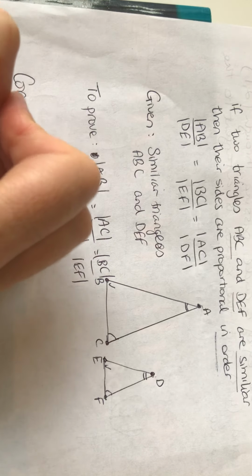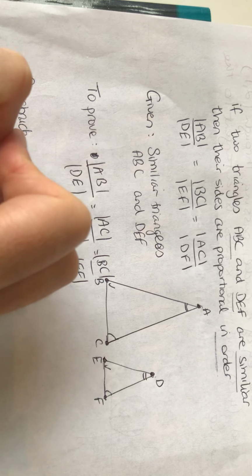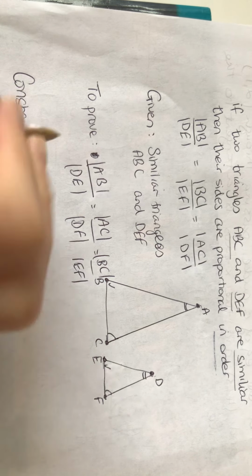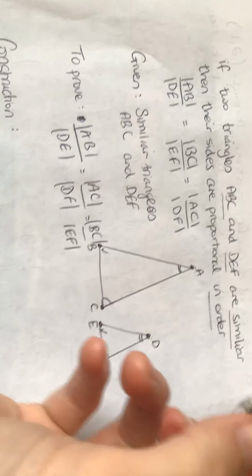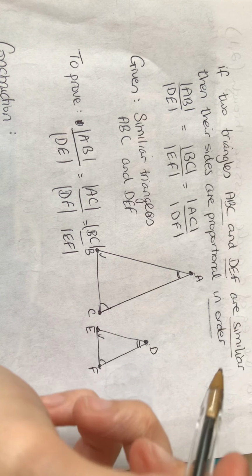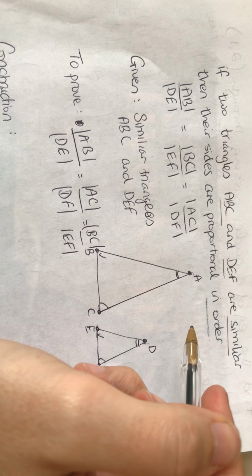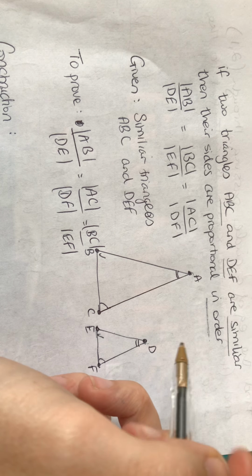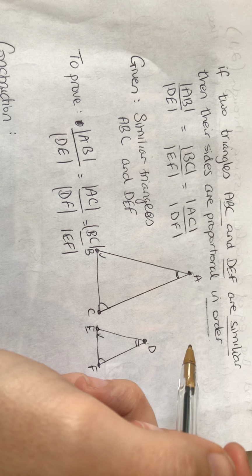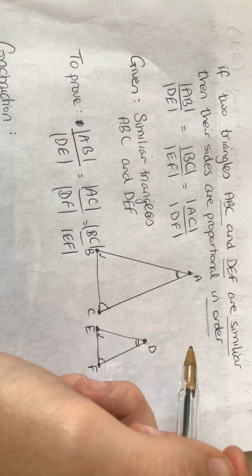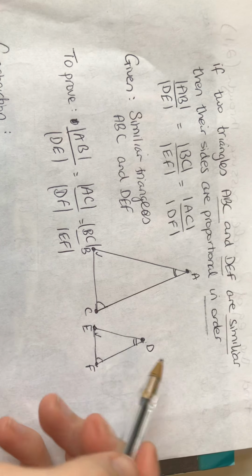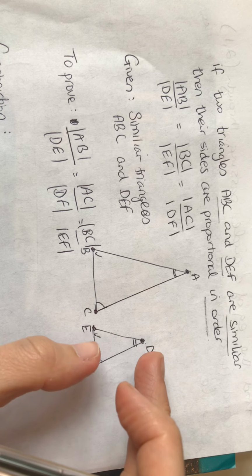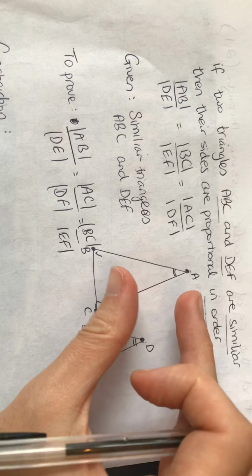Construction. I'm going to draw a triangle onto, well, it's like I'm not really doing that, but it's like I'm picking up this triangle and putting it on here.